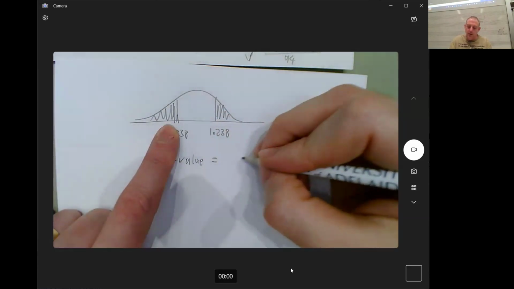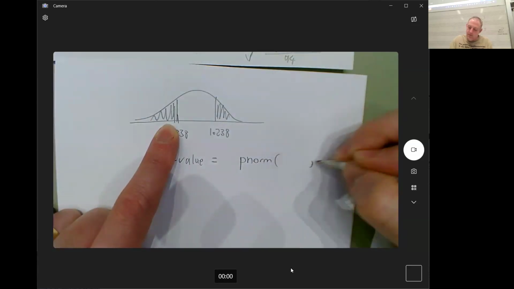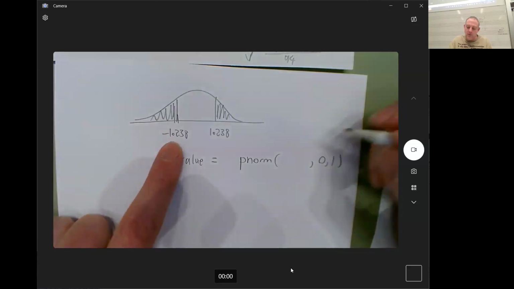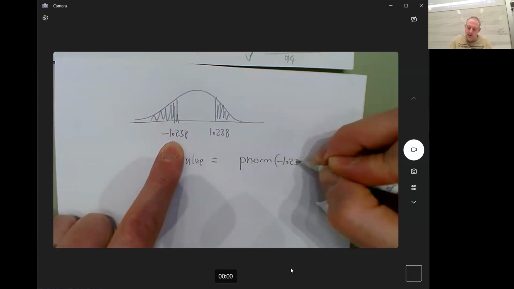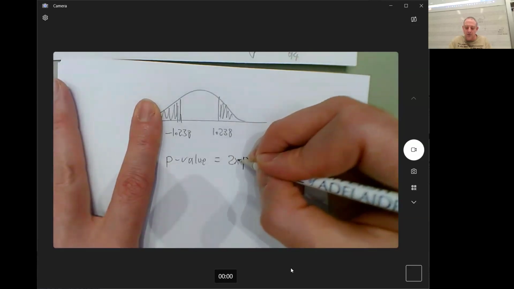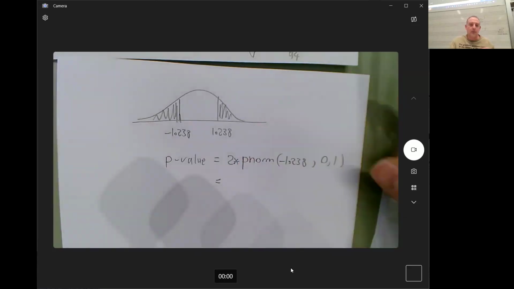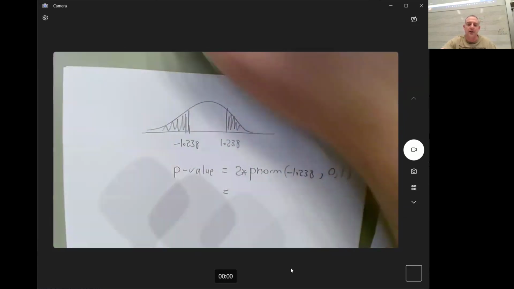So it's going to be the p norm of the 0, 1, and the number I have to put in is minus 1.238. That'll give me this half, and if I times it by 2, it'll give me the top half as well. And I will ask R what that is.